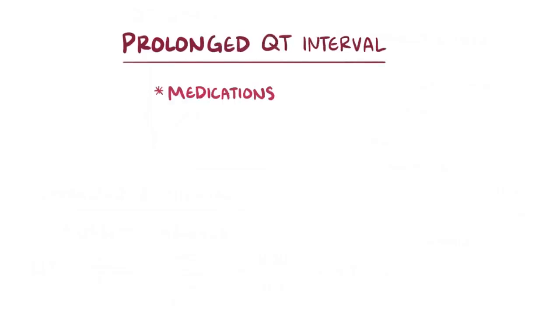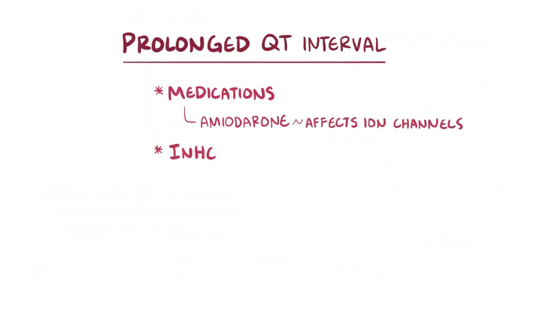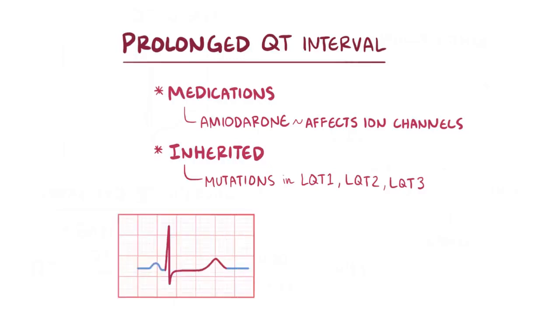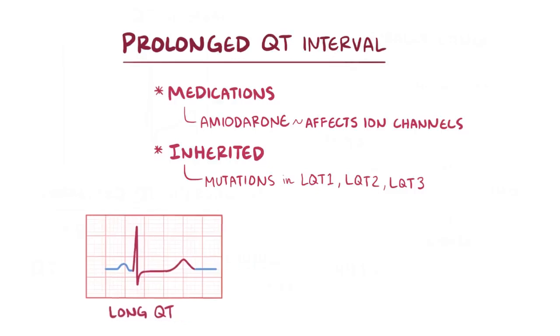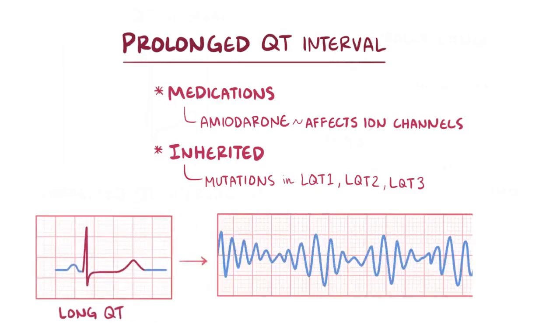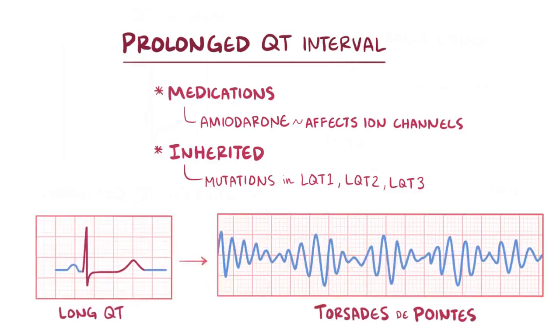Now, the QT interval can be prolonged due to medications, like amiodarone, which is an antiarrhythmic that affects cardiomyocyte ion channels, but it might also be inherited, where there are mutations in genes like LQT1, LQT2, and LQT3. One of the most feared complications of having a prolonged QT interval is a type of ventricular tachycardia that can lead to sudden cardiac death, called torsades de pointes, where the ECG shows a twisting of the points.